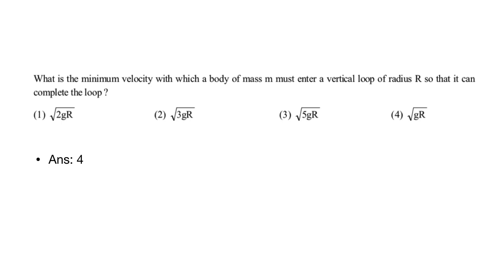But here the question is different. The question is asking what is the minimum velocity with which the body enters the loop. Now the body can enter the loop either at the topmost point, the bottommost point, or anywhere in the loop. So we have to calculate that velocity.